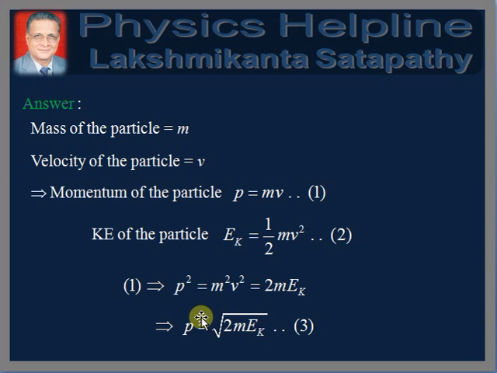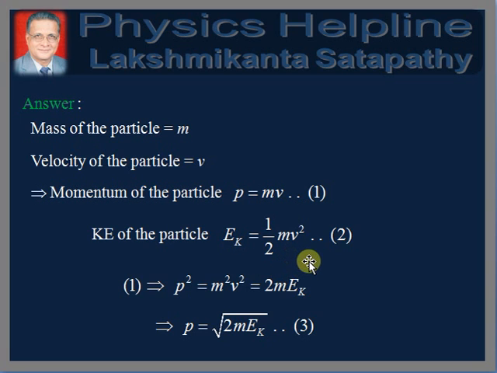Now for the answer. Let the mass of the particle be m and velocity of the particle be v. It could be the proton or the alpha particle. Therefore, momentum of the particle is given by P is equal to mv, and kinetic energy of the particle Ek is equal to half mv square.